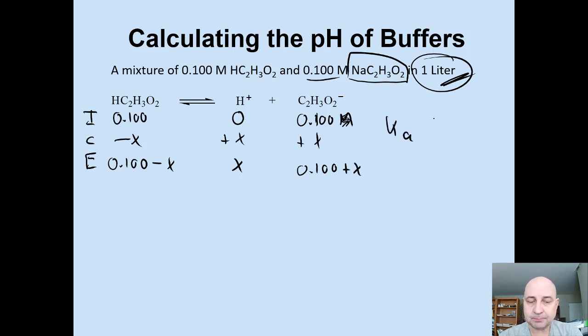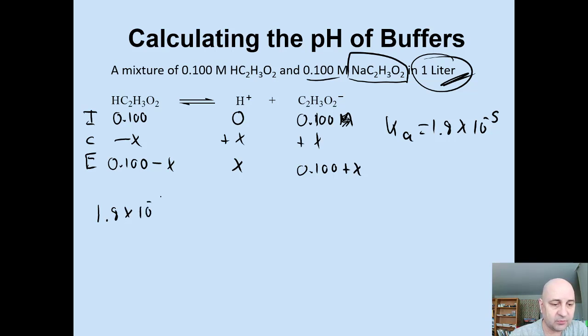I also have to give you the Ka here. The Ka is 1.8 times 10 to the minus 5. Now if I plug that into our equilibrium expression, 1.8 times 10 to the minus 5 equals x times 0.100 plus x here, right?